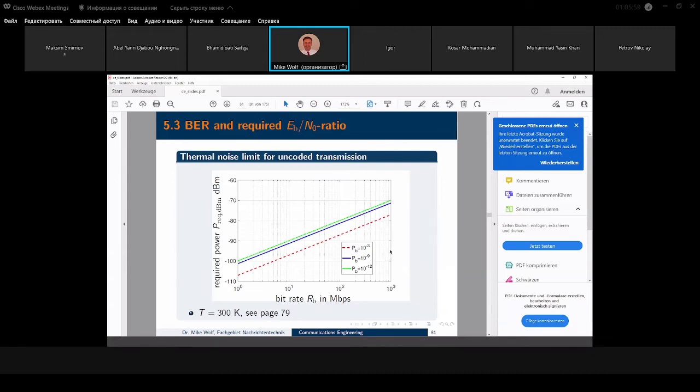Remember, we need to have the same energy in much shorter pulses. This means in dB, 10 times log10 of 1,000, this value is 30 dB less good. See this 30 dB. Okay, that's nice.